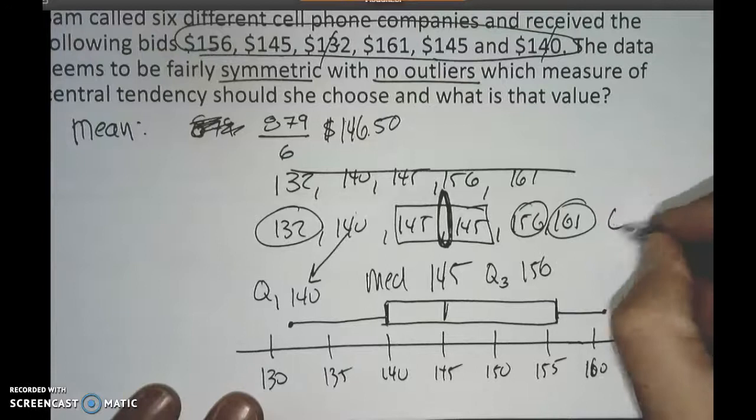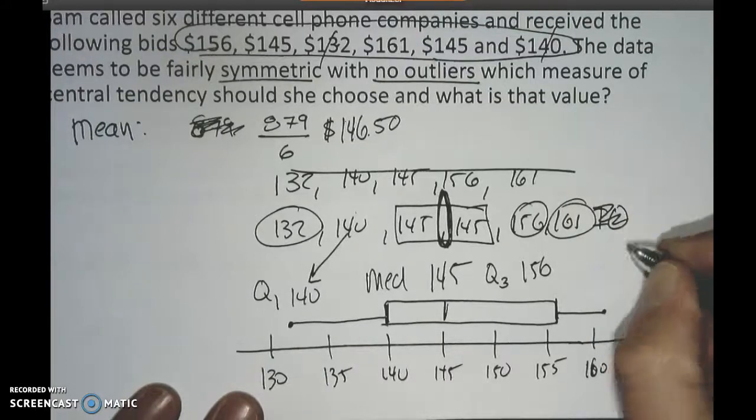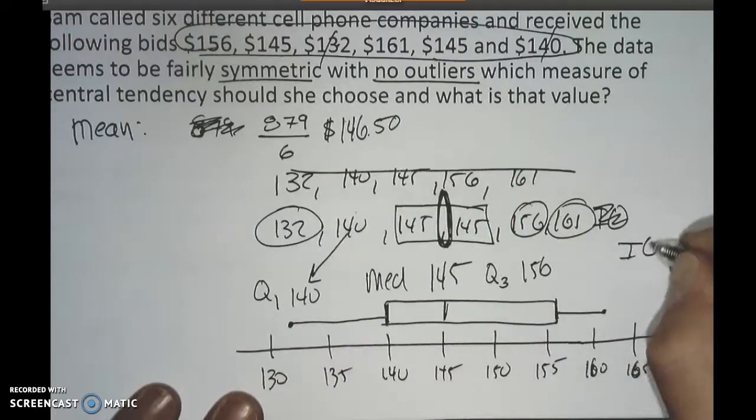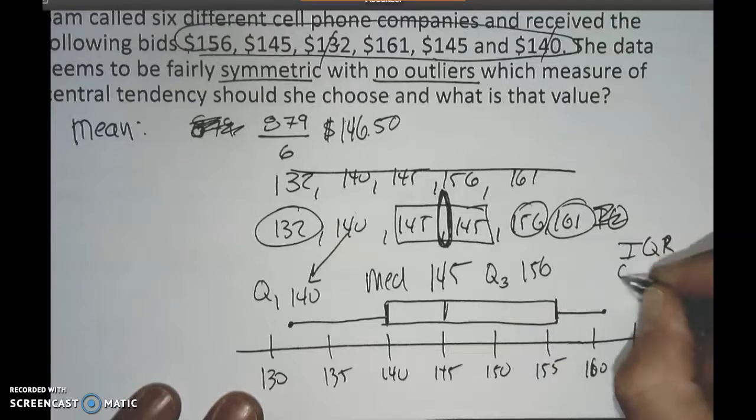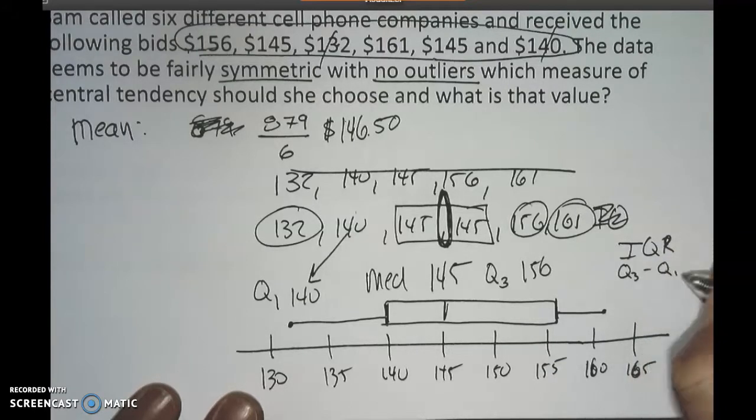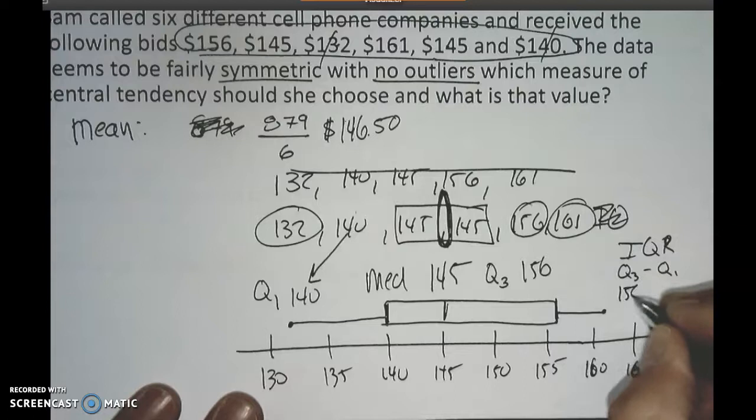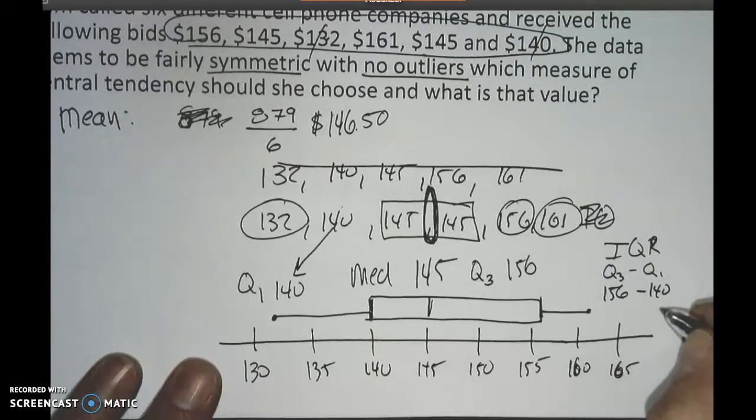And then my IQR, remember, is Q3 minus Q1. So it's going to be 156 minus 140, which is 16.